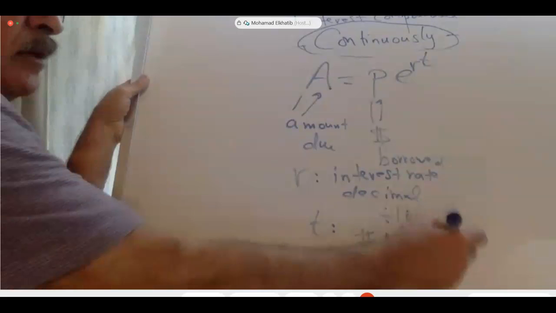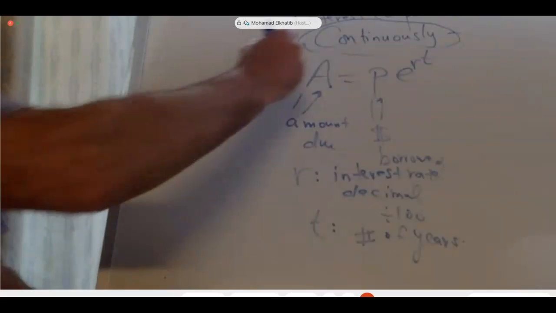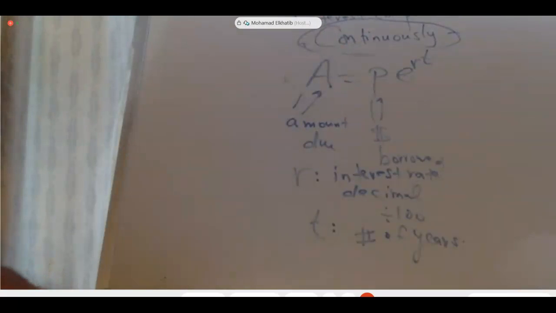So anytime your interest is compounded, the keyword is continuously, the formula is different than the one that's compounded monthly or semi-annually, whatever. So go ahead and copy this before I start showing you some examples, okay?